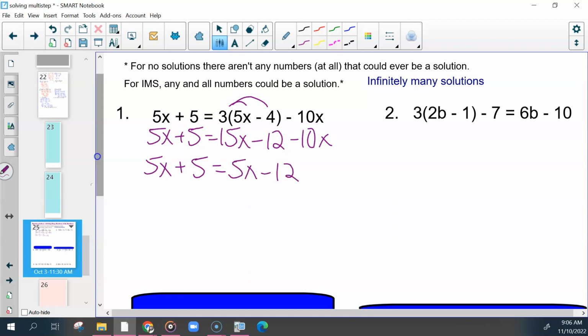Before we keep going, look at the equation. What do you notice? Dylan? Okay. We're going to talk about why that is here in a second. Anything else you notice? Any similarities, any differences?